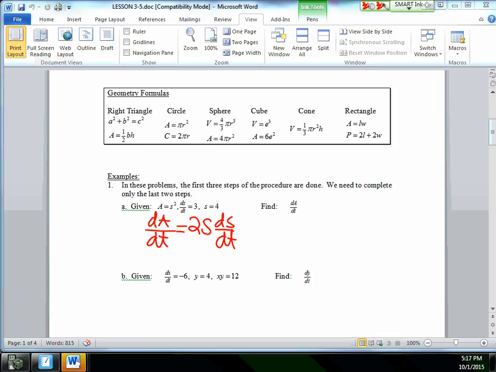Well, they obviously have to give us information if they want to know what dA/dt is. So they tell us the side is 4 and ds/dt is 3, so 2 times 4 times 3, which is 24. Okay, now units are very important as well in these problems.